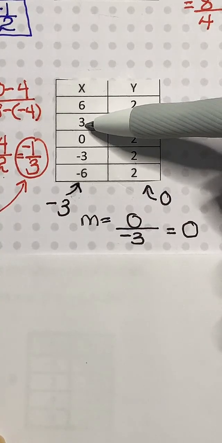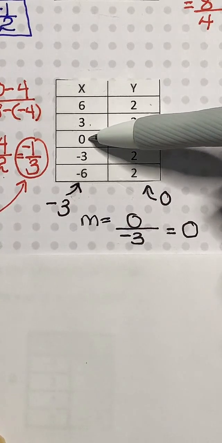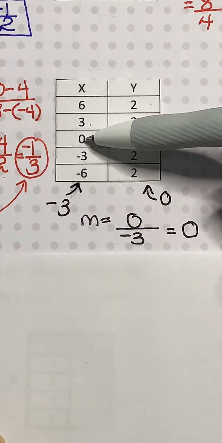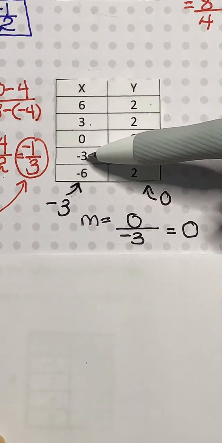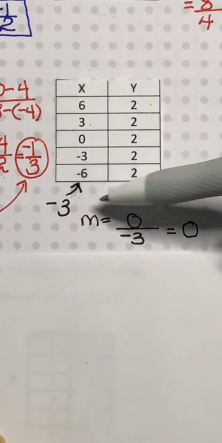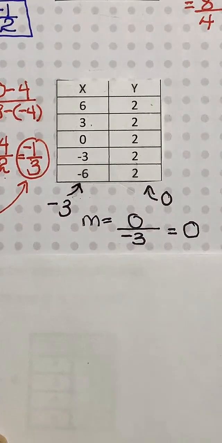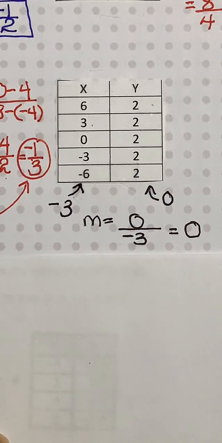That means we're subtracting. From 3 to 0, we're subtracting by 3. From 0 to minus 3, that gives me my negative 3. Then you have that as your slope. Perfect. Starting to get it?